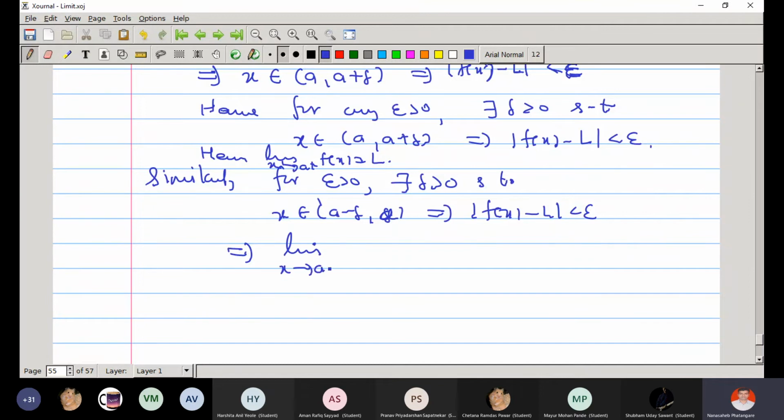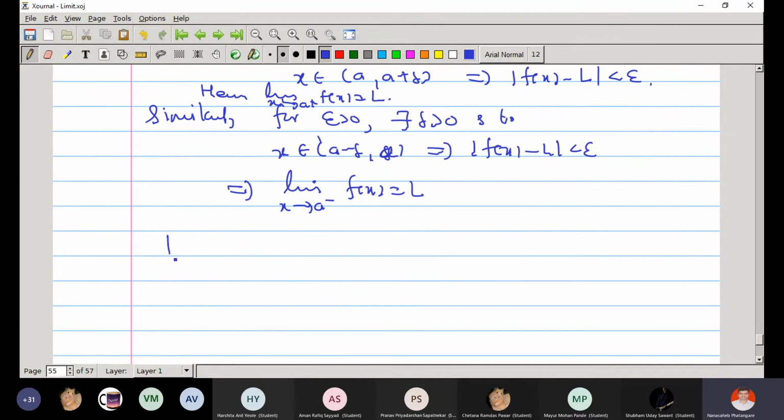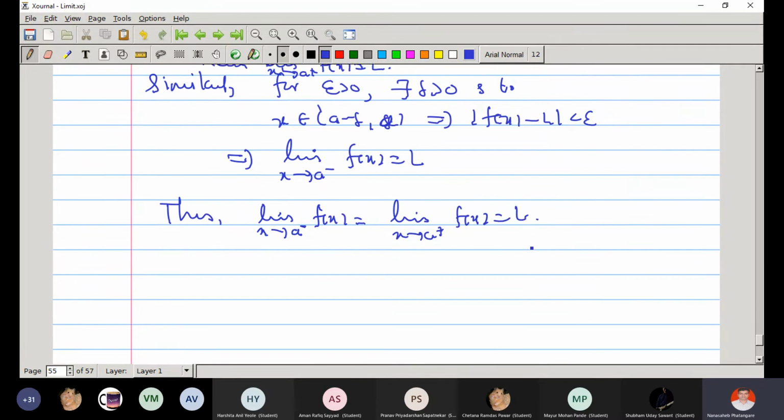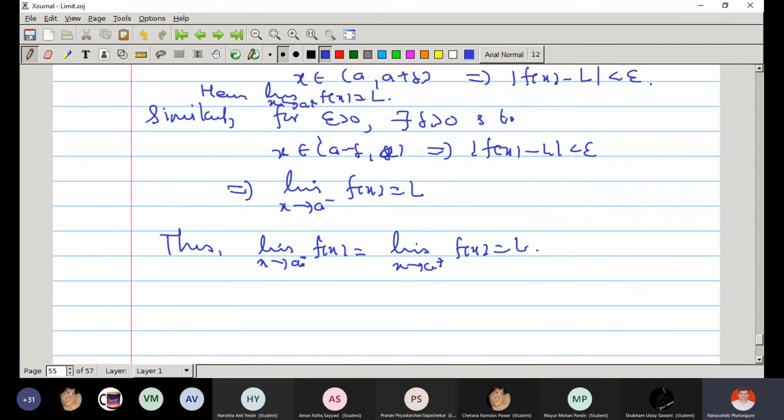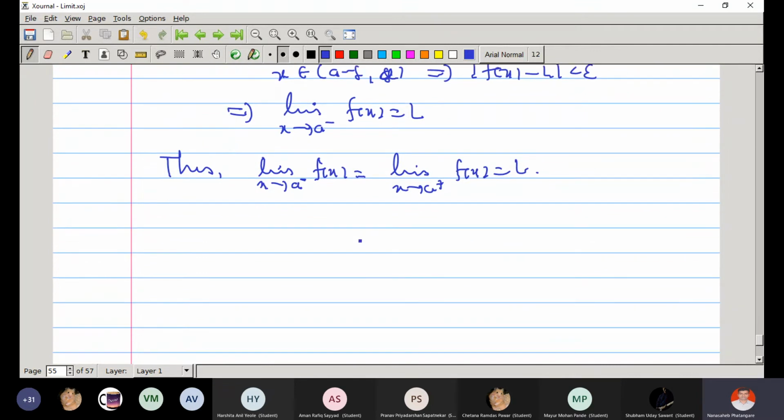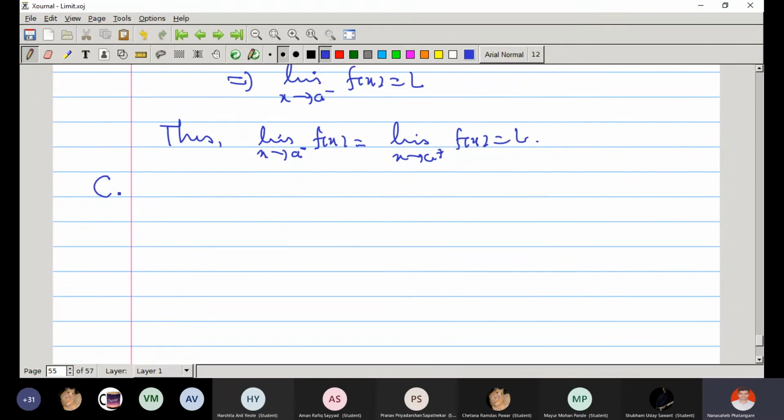Therefore, limit x tends to a minus f(x) is L. Thus, limit x tends to a minus f(x) and limit x tends to a plus f(x) are both L. Fine. So half part is done. How to do the next half part? So the converse.